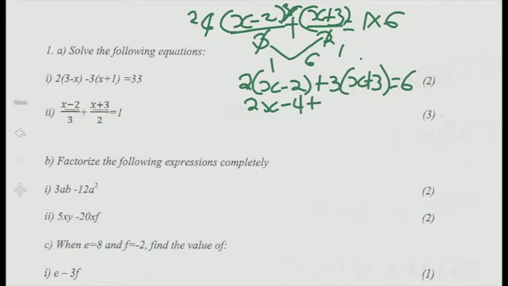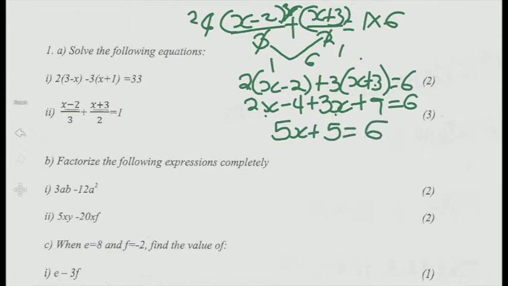We have 3x here and we have positive 9 is equals to 6. Collecting like terms, we have 2x and 3x, which will give us 5x. We have a negative 4 plus 9. Negative 4 plus 9 will give us positive 5, which is equals to 6.